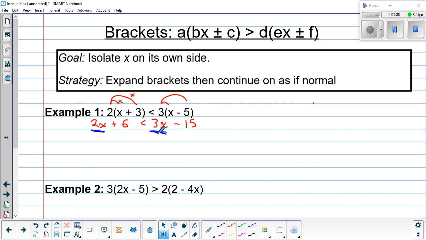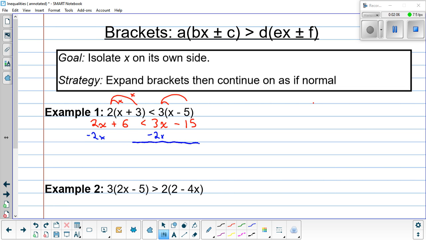But what this looks like is, instead of doing it with my 3x, I'm going to subtract 2x from both sides, right? Now, at the very same time, because there's no reason we can't do this in one step, I will show you a little trick on example 2 that will really condense the amount of work we have to do.